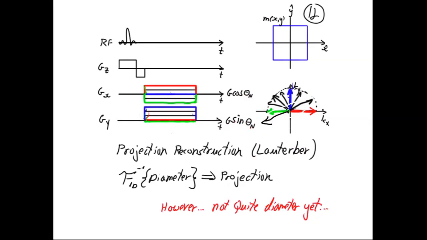Okay, so every repetition, I'm just going to change the theta such that I get a different projection. So if theta equals 0, then I'm playing G in x and 0 in y. If theta is 90 degrees, I'm playing 0 in x and G in y, right? So on and so forth.